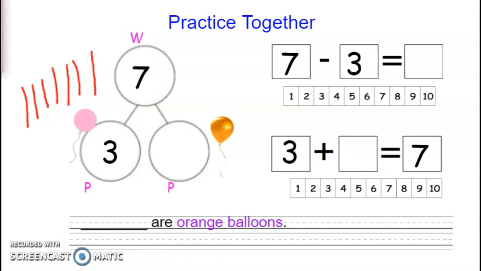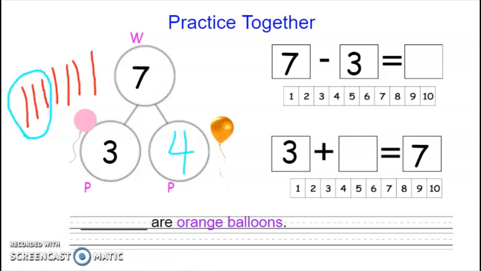And just like we did with our other problem, we're going to circle the part that we do know. So I'm going to go ahead and circle 3. Great. So based on the picture, if 3 right here in this group represents the pink balloons, how many orange balloons do we have? That's correct. There are 4 balloons that are orange.